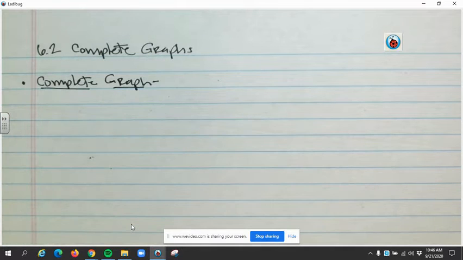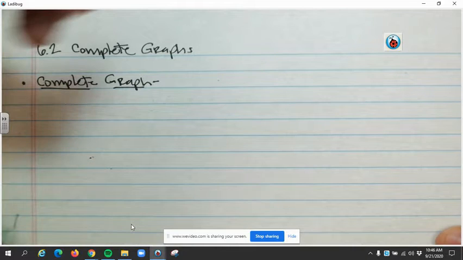So a complete graph, you can simply write that it means that every vertex is joined by every other edge. So I'm going to write it like this.